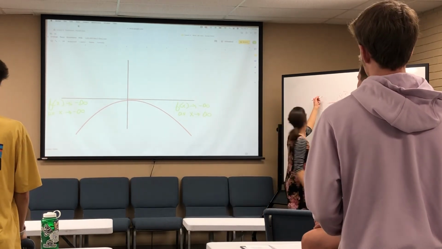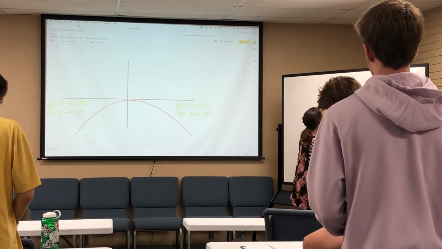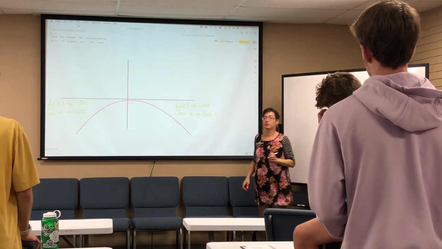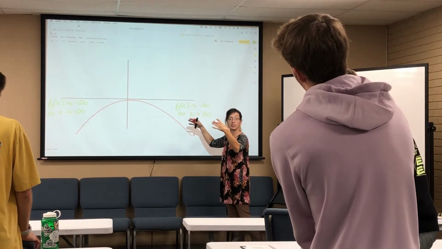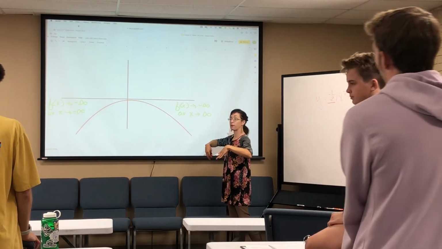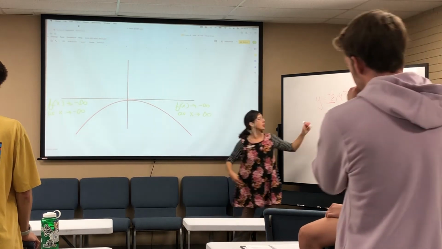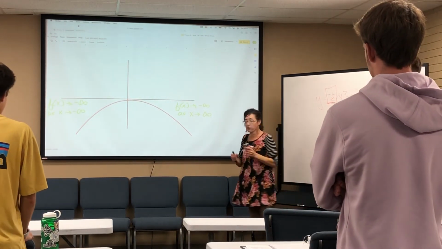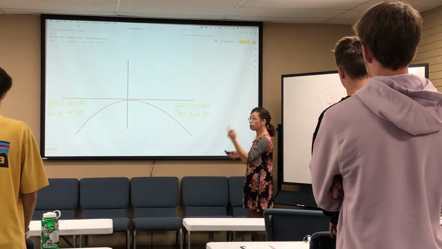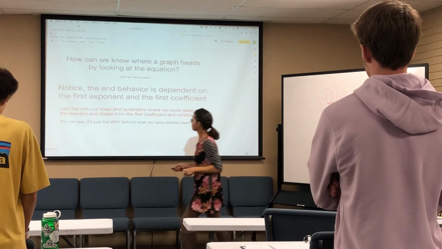Something negative. And it's pretty wide, so maybe like -1/2. Would that be valid? It's wider than our regular one, so it needs to be a fractional number. It's negative because it faces down. So my little coefficient value there tells me where it's headed.